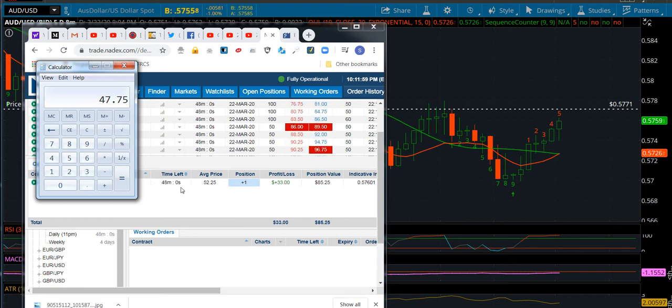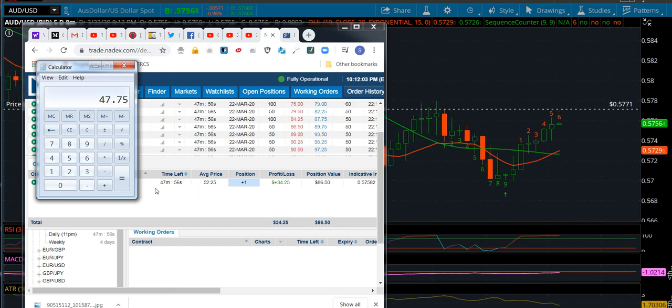Now, like I said, I got in with about an hour and 17 minutes left in the trade. Nadex are short-term options. Options expire. Think of options as an ice cube.